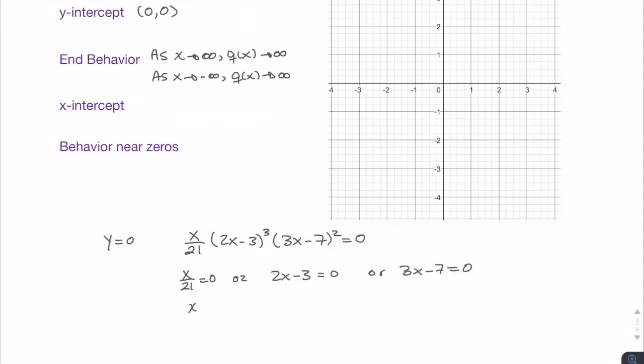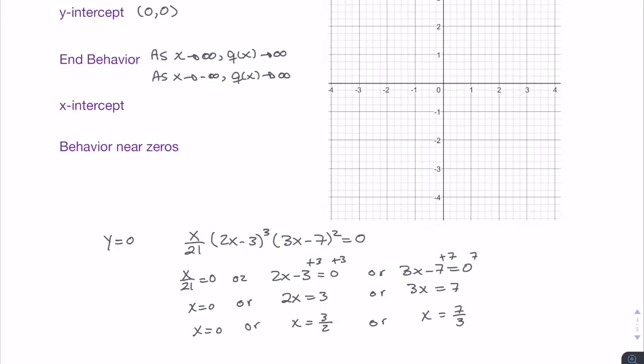And that is x equals 0, or 2x equals 3, just adding 3 on both sides, or 3x equals 7, adding 7 on both sides. Then this is x equals 0, or x equals 3 halves, divided by 2 on both sides, or x equals 7/3, divided by 3 on both sides.